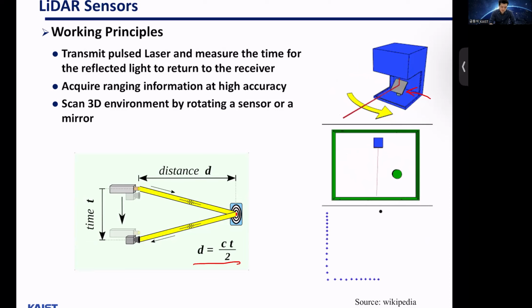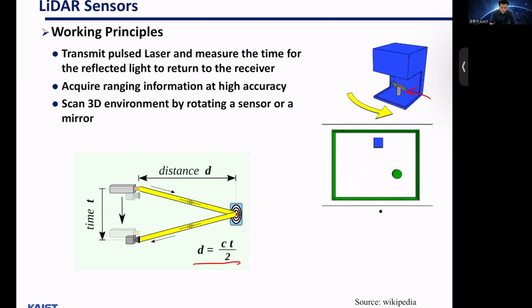So what you get out of the LiDAR is a series of point values, and when you have a single laser pointer, you get two-dimensional information about the space.